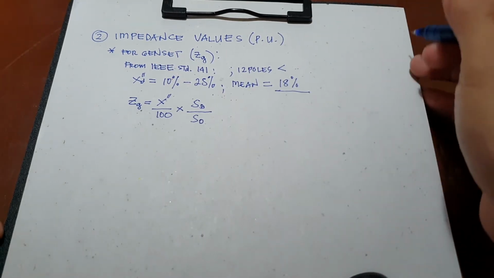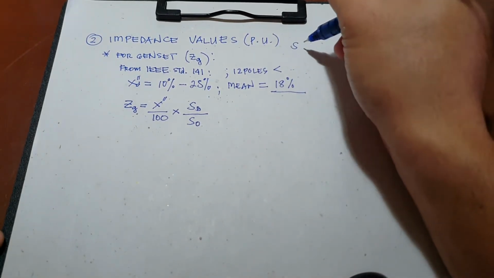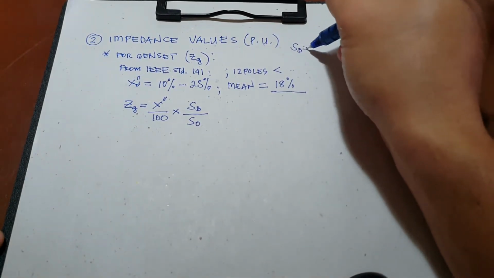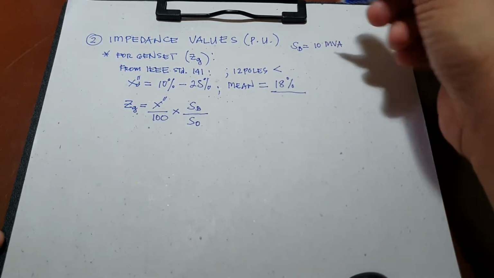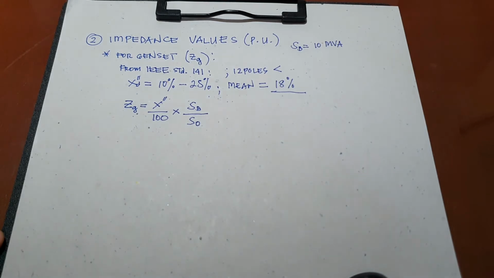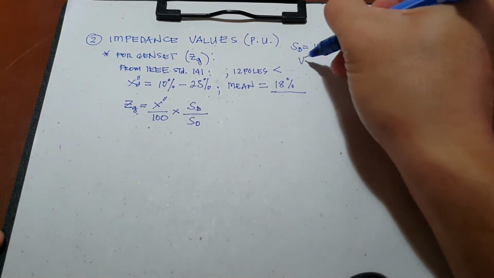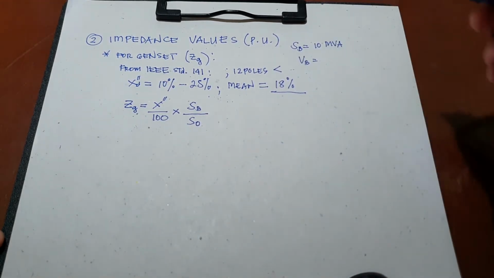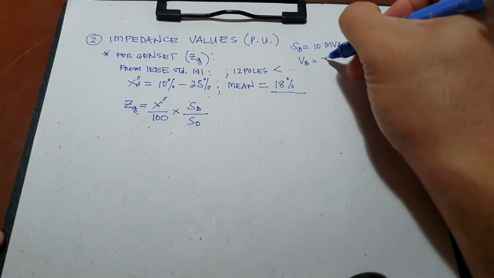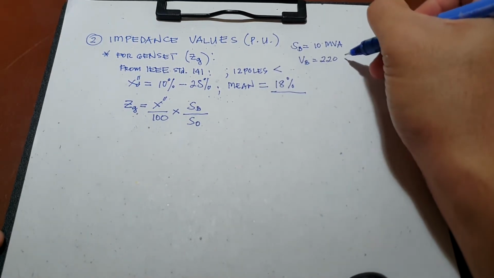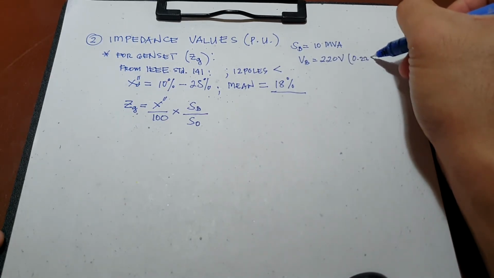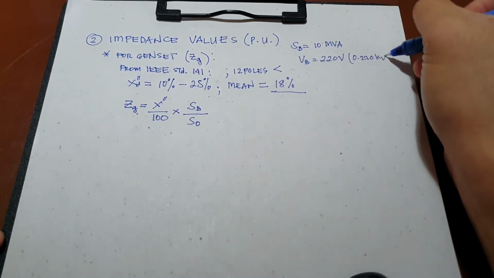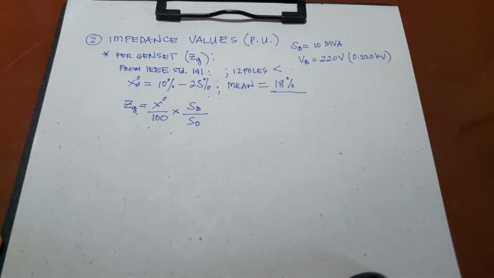It is assumed that the base power is 10 MVA and the base voltage is 220 volts, or 0.22 kV. So this is our assumption.